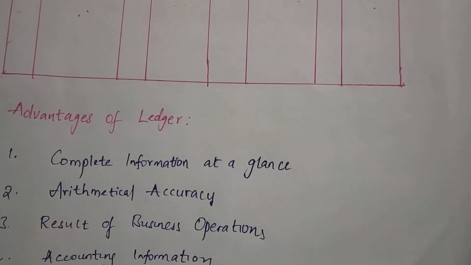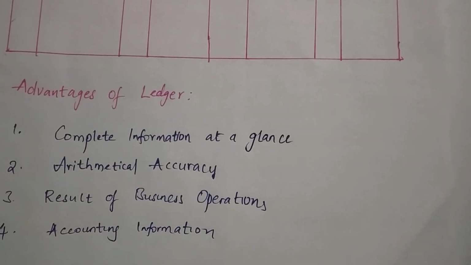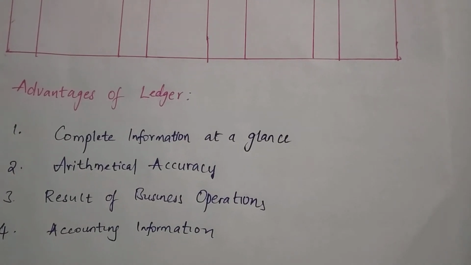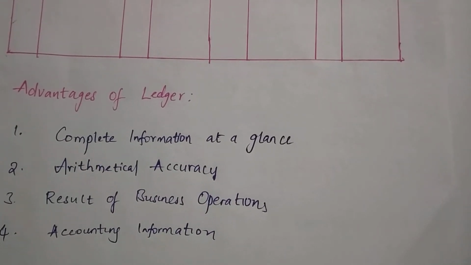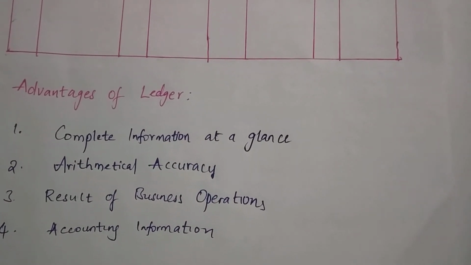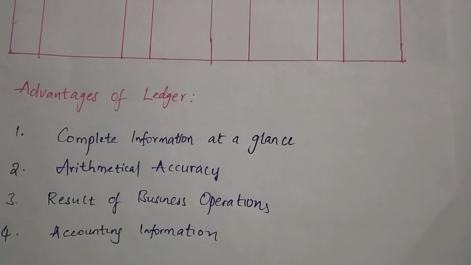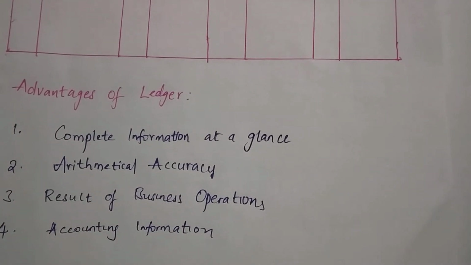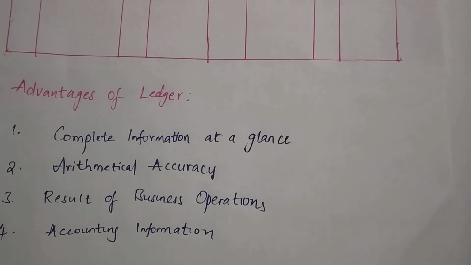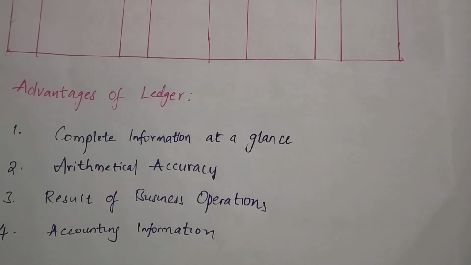Next, the fourth advantage is accounting information. The data supplied by the various ledger accounts are summarized, analyzed, and interpreted for obtaining various accounting information.